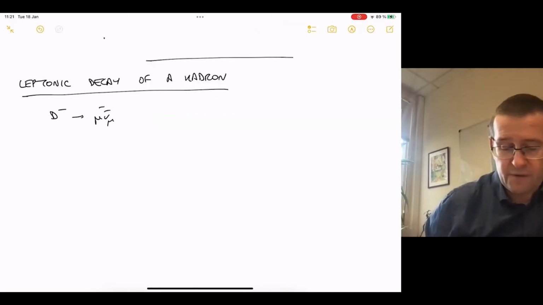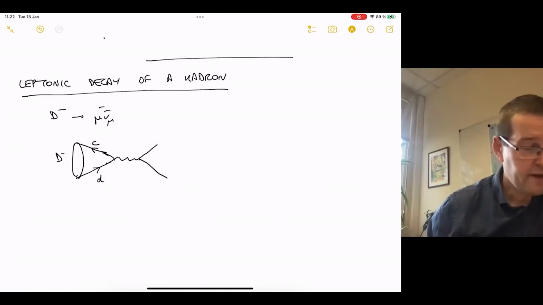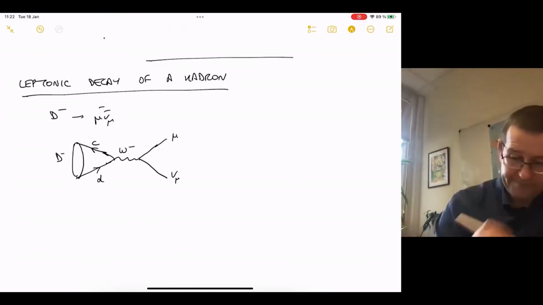And so in the standard model, what you have is just a D minus that contains a C bar and D, and then a W minus, and then going into a mu and a neutrino.